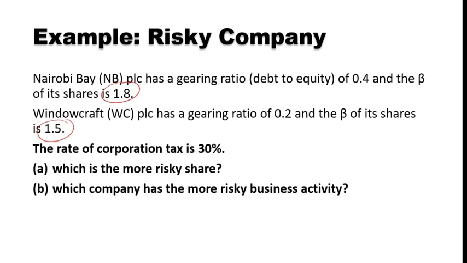A larger beta simply means that Nairobi Bay's share, or the company's security, can be considered to be more risky than those of WC, because the beta of Nairobi Bay is higher.